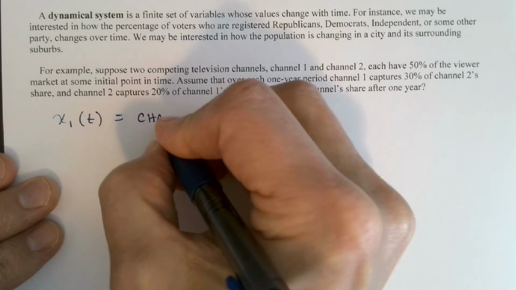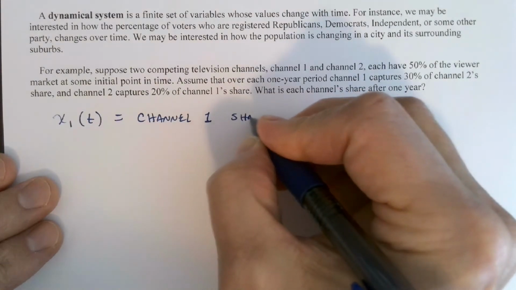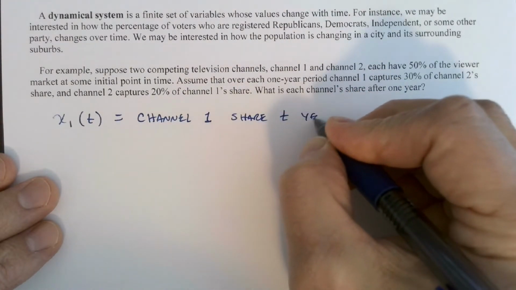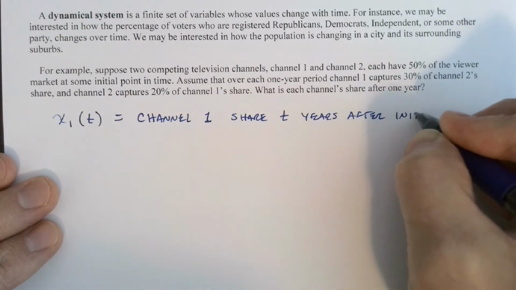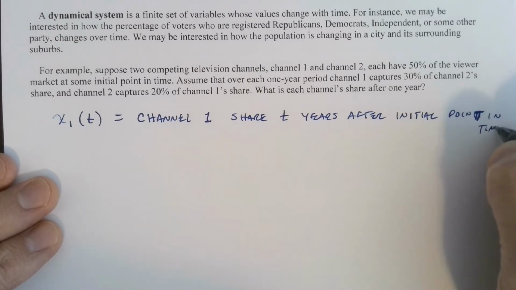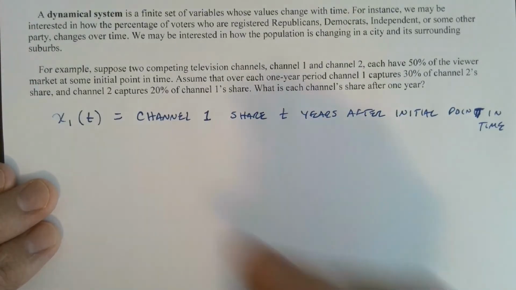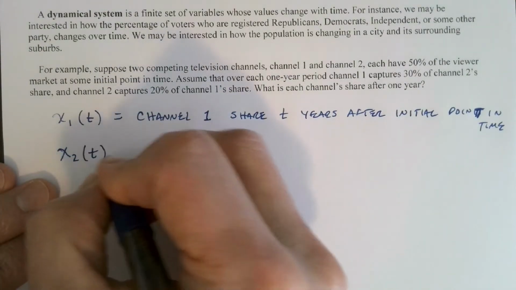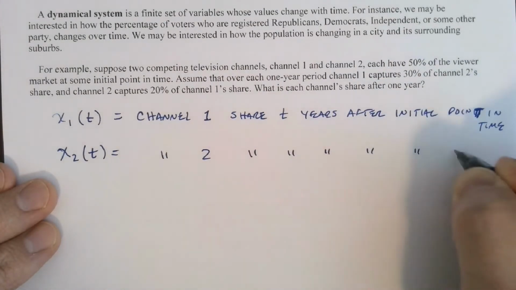Let this be the channel 1 share, t years after the initial point in time. x sub 2 is the same thing, just the channel 2 share, t years after the initial point in time.